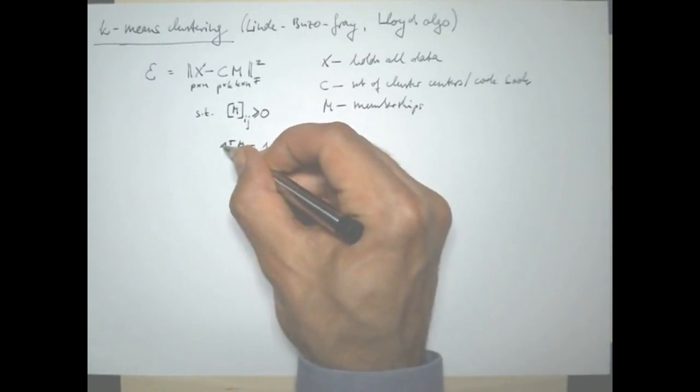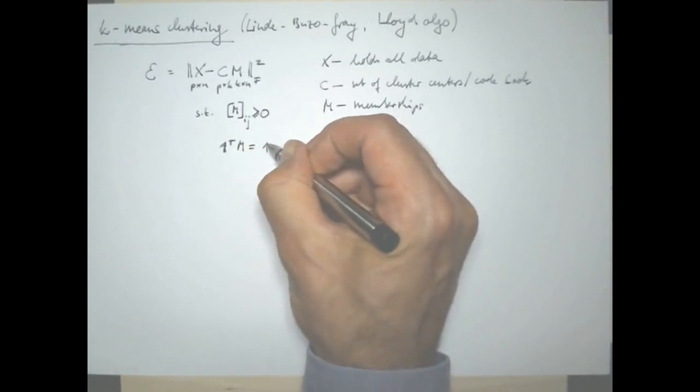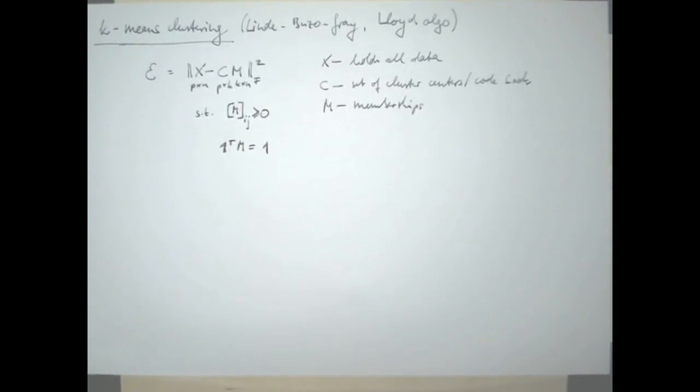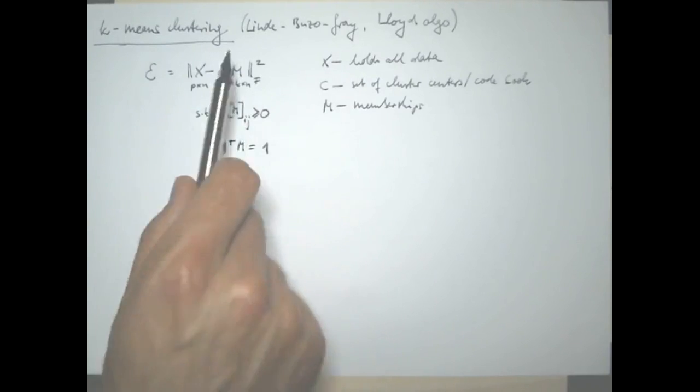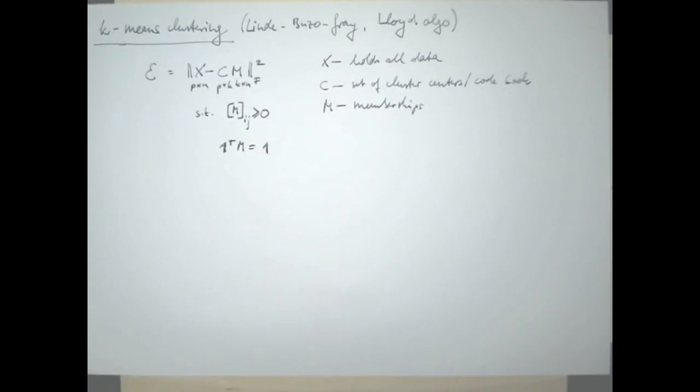So this is a vector here, and this is also a vector filled with all ones. Okay, and k-means clustering looks for cluster centers and memberships that will minimize this error function here.